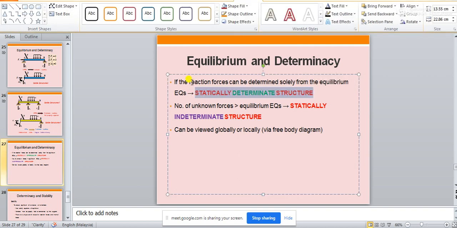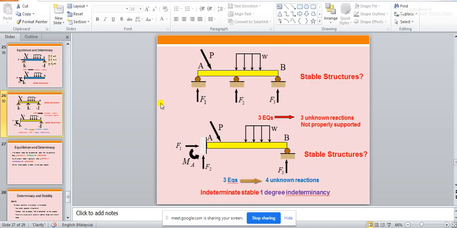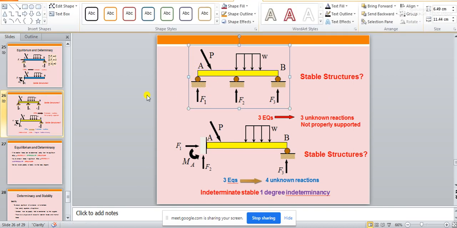So the reaction forces can be determined solely from the equilibrium equations only if the structure is determinate. If you replace this roller support with a pin support, you observe that you cannot solve this structure directly using the equations of equilibrium. You have 4 unknown reaction components and only 3 equations of equilibrium.